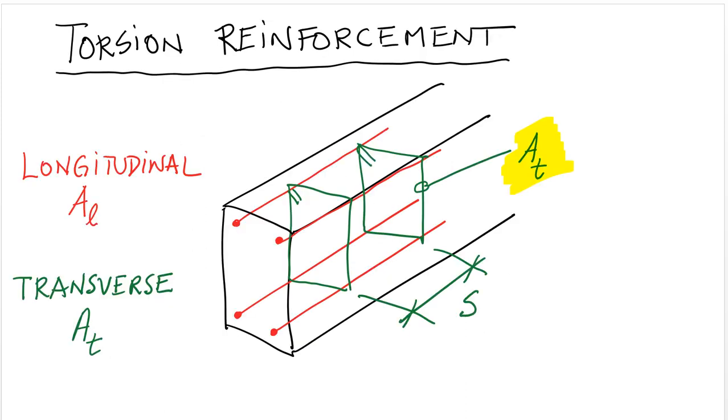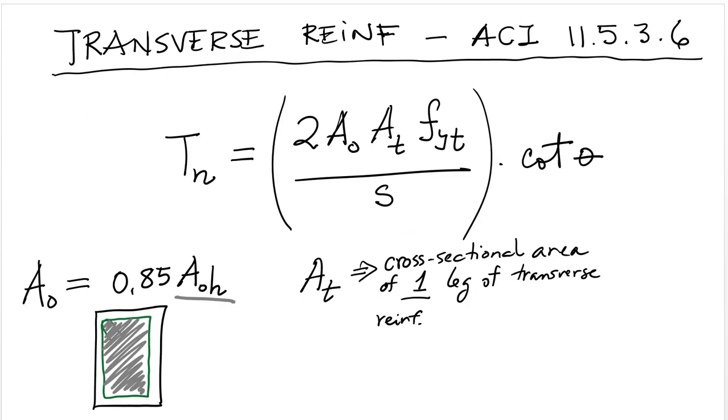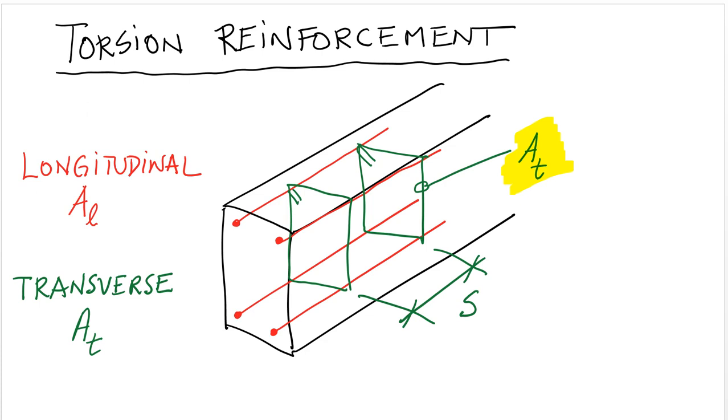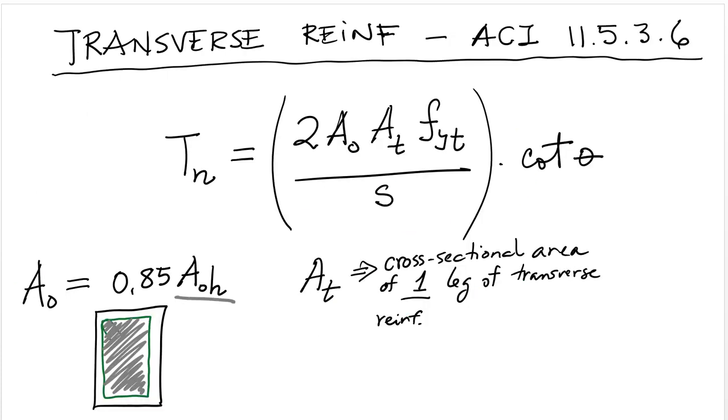So it would be the area of that leg shown there as At. Fyt is the yield stress of the transverse reinforcement. S is the spacing of the transverse reinforcement, and cotangent of theta is a factor that accounts for the inclination of the torsion-induced cracks in the beam. And for non-prestressed members, theta is recommended as 45 degrees.